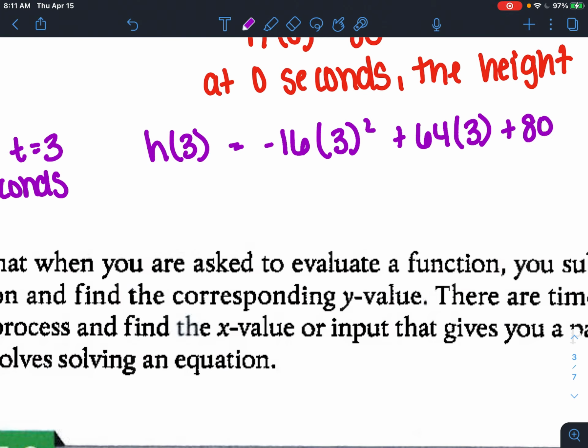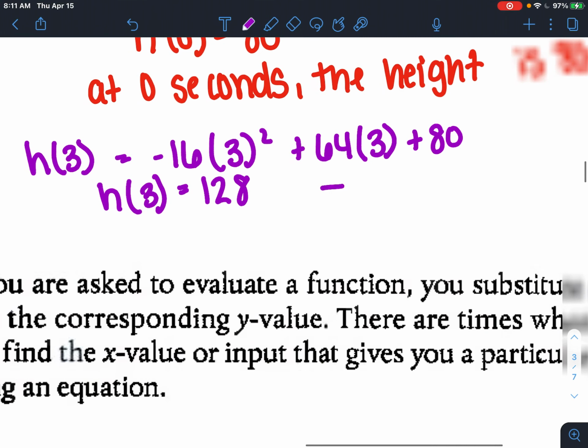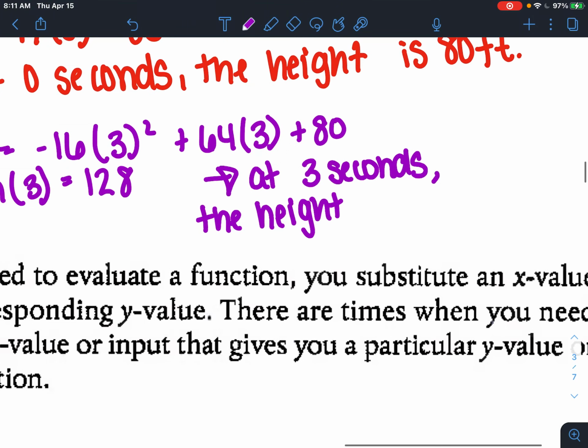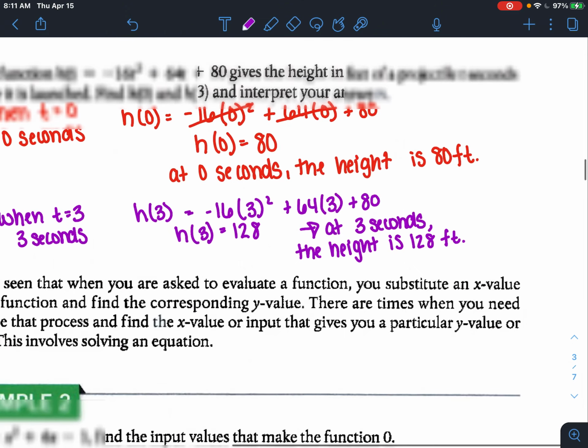Honestly, just plug that into your calculator. h of 3 would equal 128. I just plugged that right into Desmos, pretty much just like how I wrote it. So this means that at 3 seconds, the height of whatever object we're looking at is 128 feet.